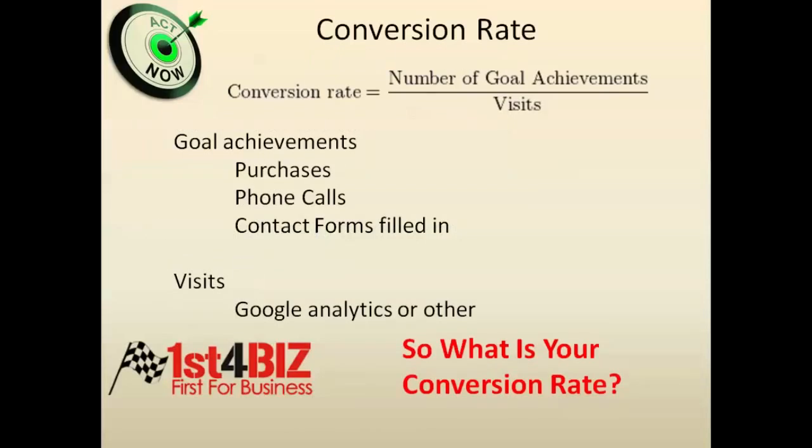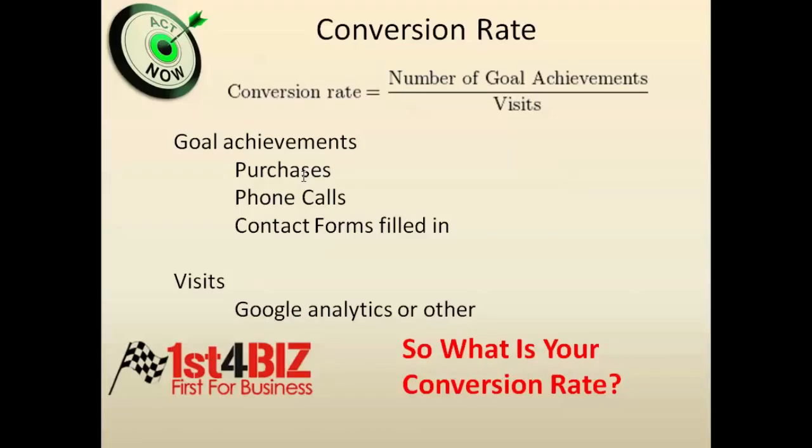So the important thing to understand is the conversion rate. That's the number of things that you want people to do divided by the number of visits. Obviously the important things are phone calls, contact forms filled in, purchases. You need to understand and try and capture how many people actually do that.